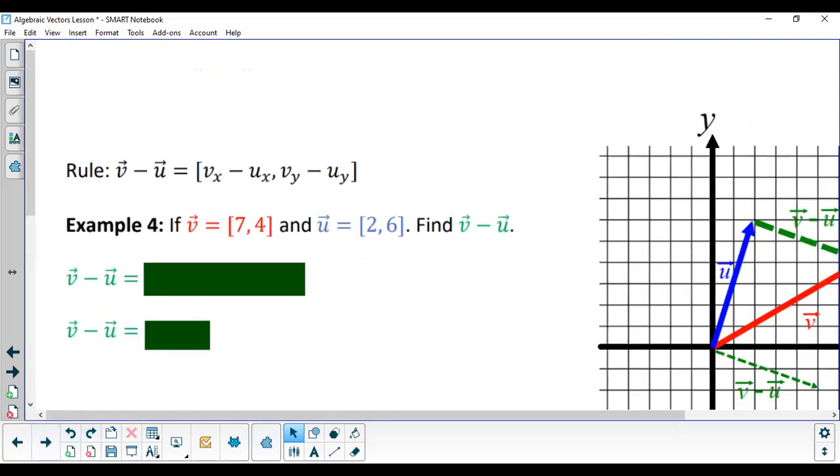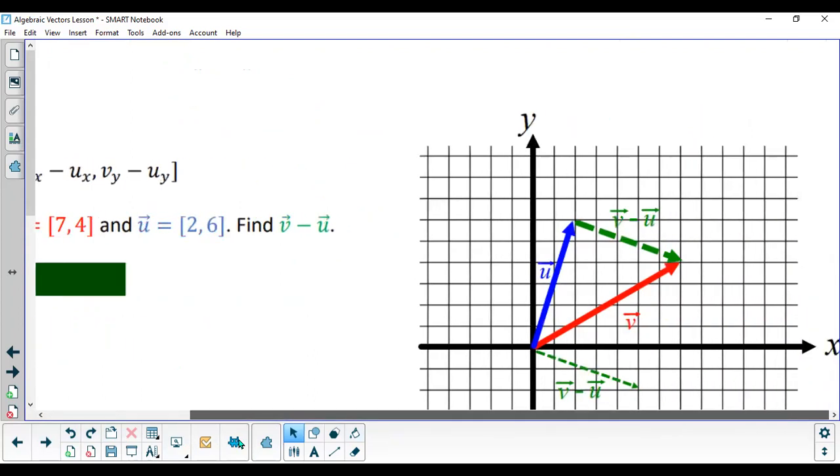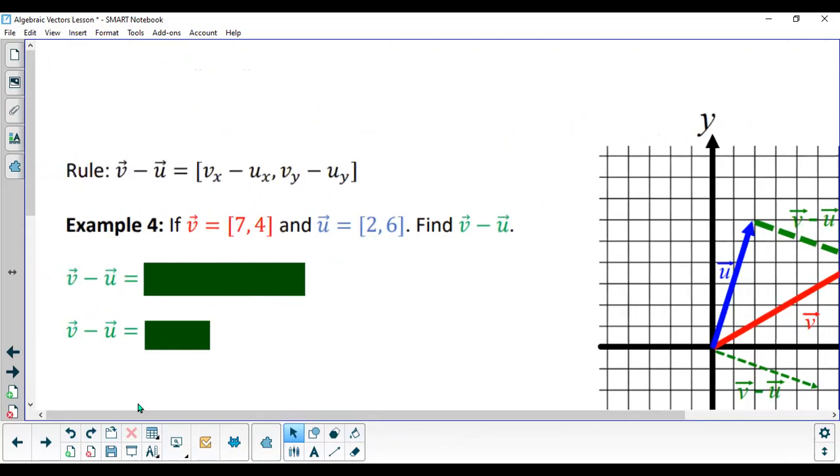Okay, this is a subtraction problem. And if we look at the diagram of these 2 vectors, again, we have vector v that is at the origin. We have vector u that is at the origin, right? So usually I would have to rearrange these to figure out the resultant.